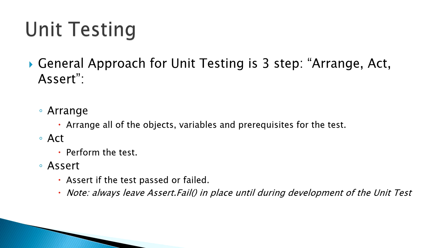Basically, in the arrange section, you arrange all the objects, instantiate classes if you need to, if it's a non-static class and so on, all the variables, prerequisites, and so on for the test. Then the act. You perform whatever action should result in the result you're after, right? Perform the test, basically. And finally, the third part of our 3-step process is assert, right?